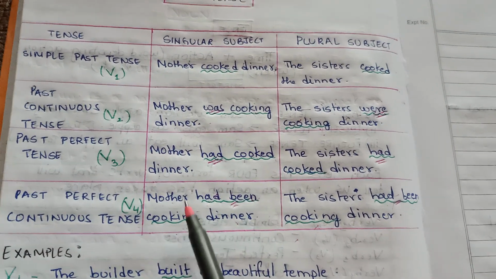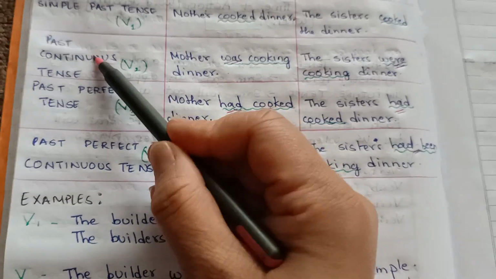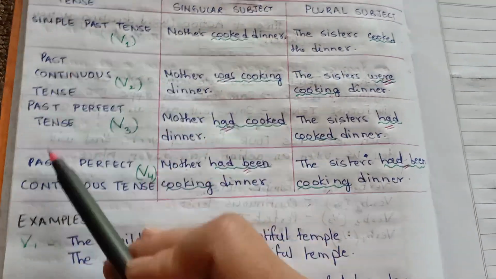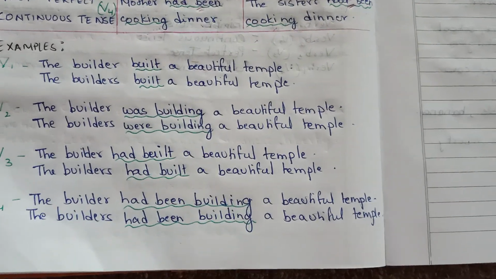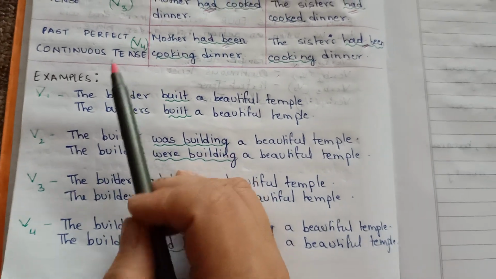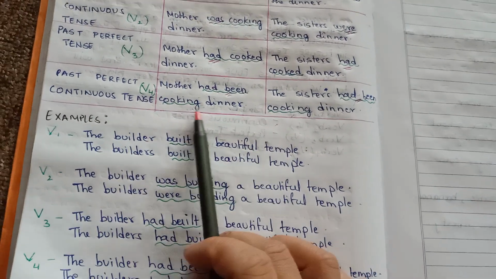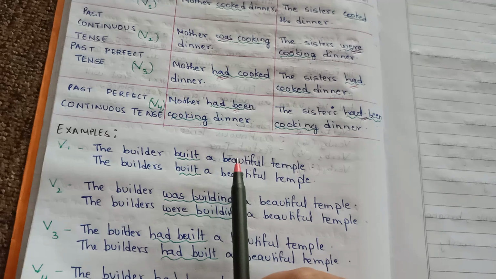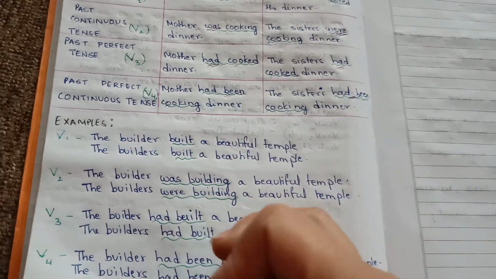Okay, so this is an example of the past tenses in verb 1, verb 2, verb 3 and verb 4 forms. I have given another example here. If we will quickly go through it. Once again, the builder built a beautiful temple. So the action of building a beautiful temple is being talked about in these 4 forms of verb.